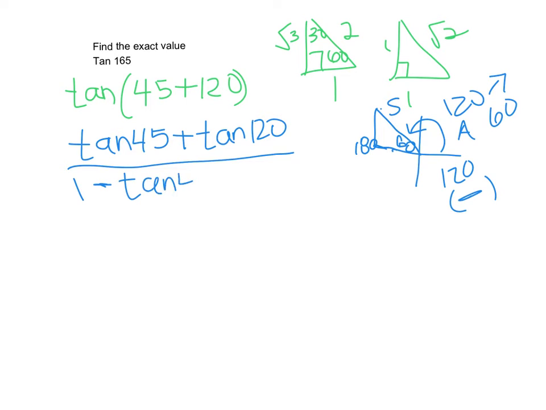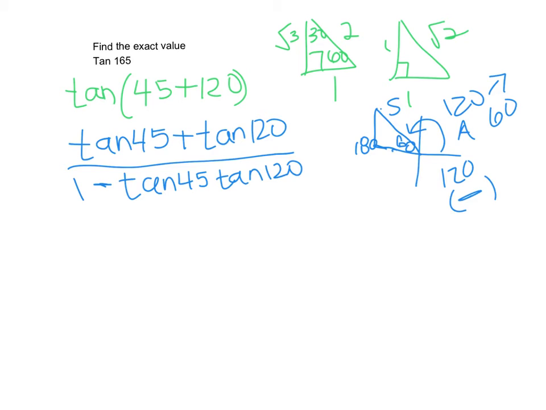So it's tangent of 45 times tangent of 120. Again, if these two get switched, it doesn't matter because we're multiplying. But what does matter is you need to have a 1 here, and it should be minus here. It's got to be the opposite of what you had above. The numerator signs are the same, but then you get to the denominator and it's the opposite.